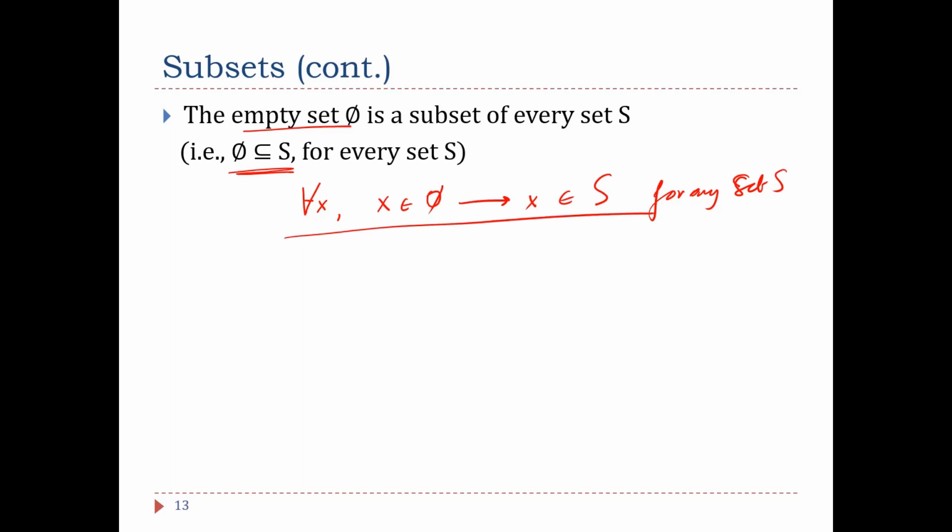Why is this implication true? Because the premise is always false. By definition of the empty set, no element belongs to it. So no matter what you consider as an element X in whatever universe, that X belongs to phi is false in the first place.